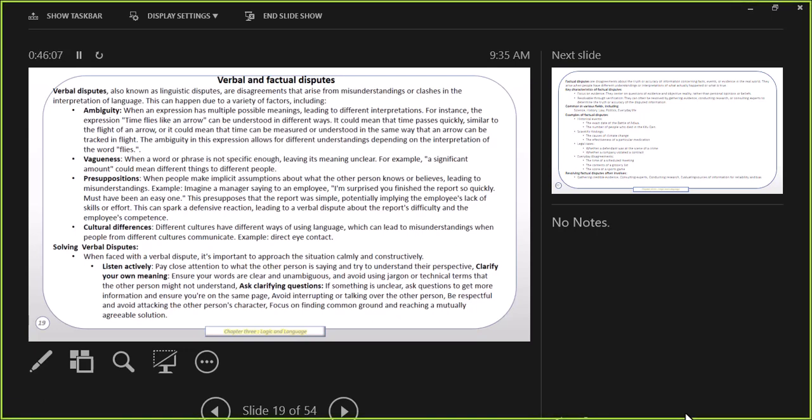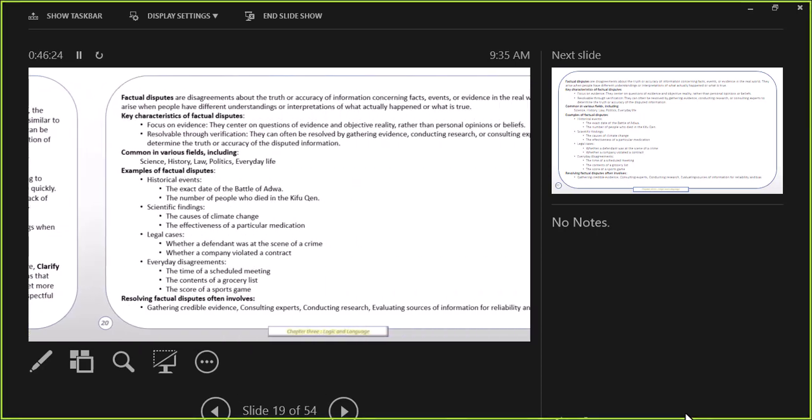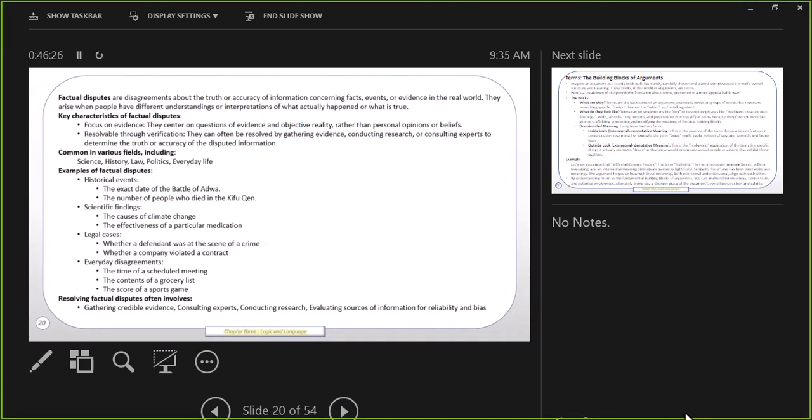So appreciating or understanding cultural difference is one way to avoid potential disputes. Listening actively, clarifying your own meaning, or asking clarifying questions, etc., may be the tools to get rid of verbal disputes. Cultural difference, presuppositions, vague and ambiguous expressions.